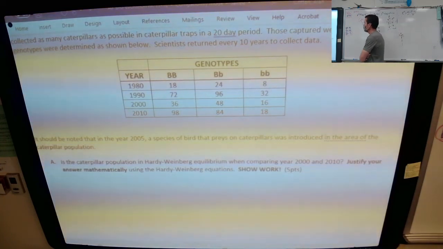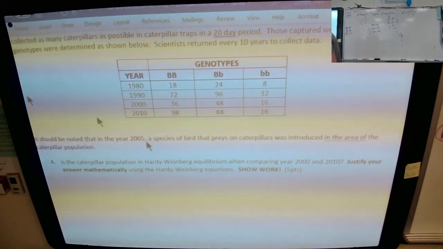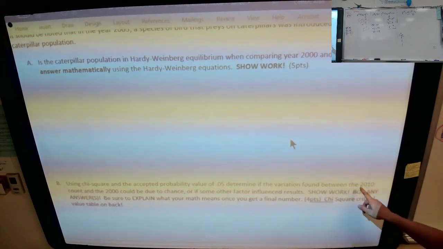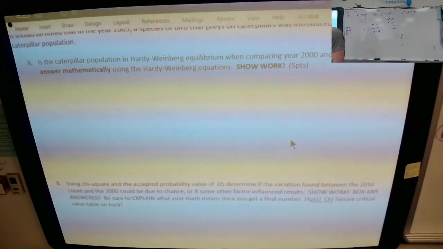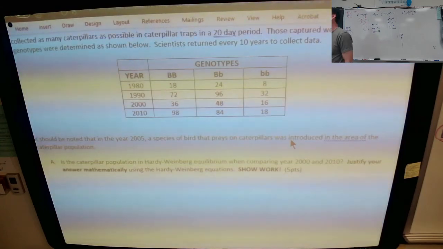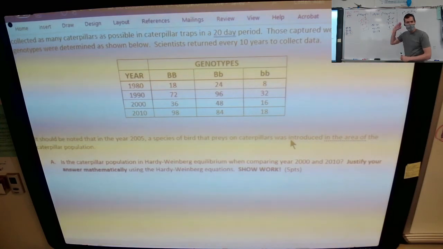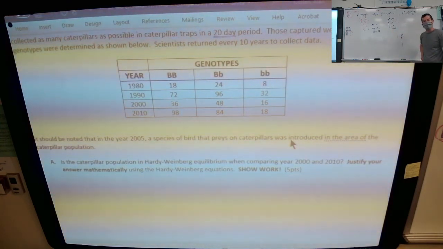It says, using chi-square, determine if the variation found between 2010 and 2000 could be due to chance or if some other factor influenced it. And I'm only going to use the chi-square equation once. I'm not going to run a chi-square on 2000 and run a chi-square on 2010. I only run it on one year. Which year is it?